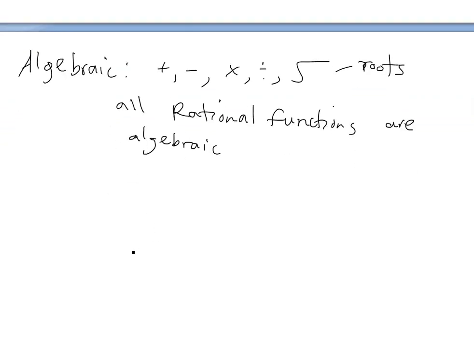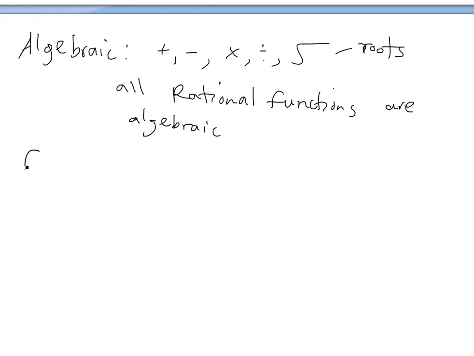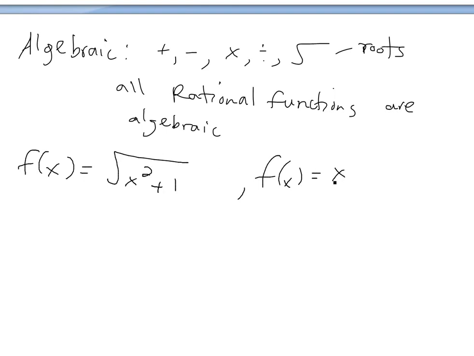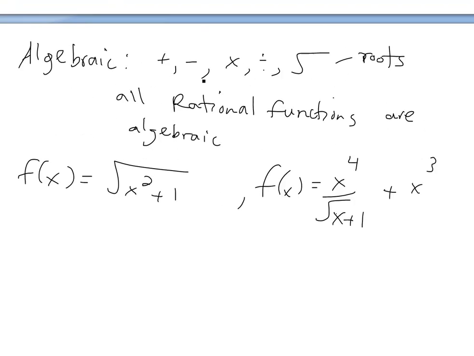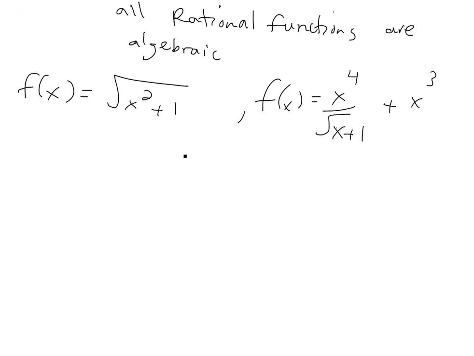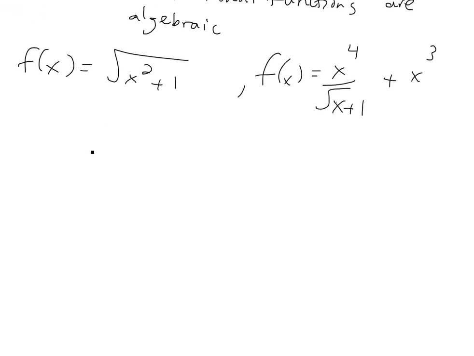If we look at some examples, f of x equals x squared plus 1. This one's algebraic. Even if you go f of x equals, let's say, x^4 plus root of x plus 1 plus x^3, this is also algebraic, because you're just using the regular algebraic operations, plus, minus, subtraction and so on.